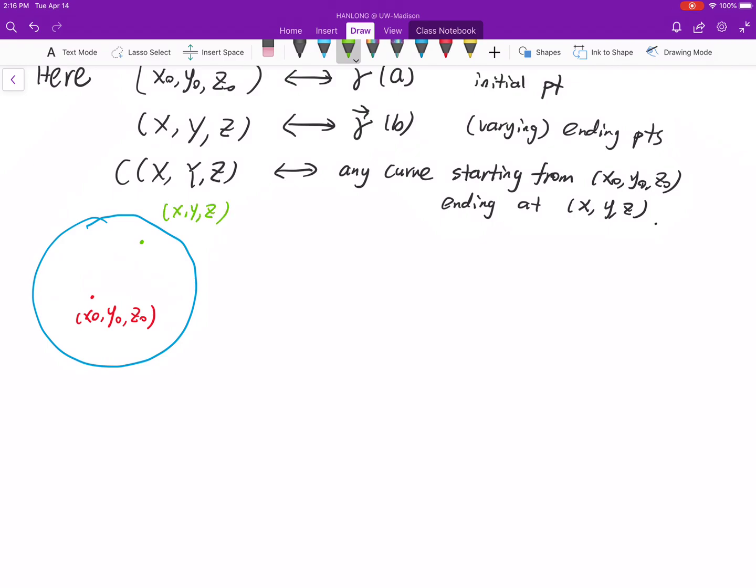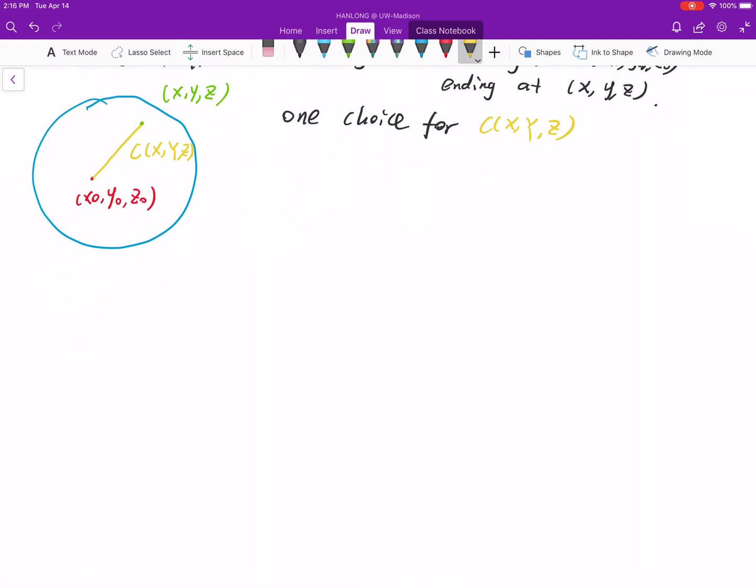In this case, let's choose one curve C(x,y,z). So this is case 1, one choice for this curve. And we also have the following choice for the curve connecting (x0, y0, z0) and (x,y,z).